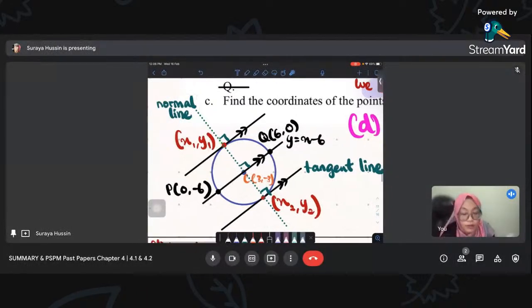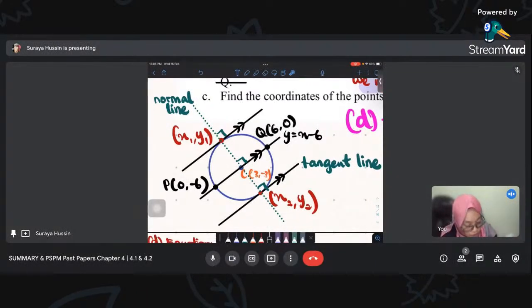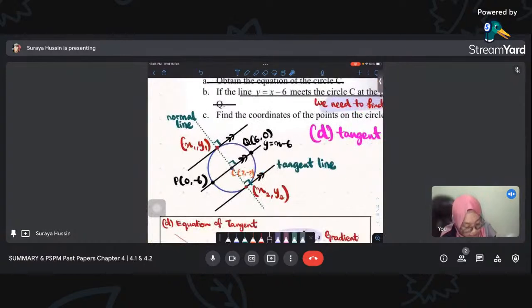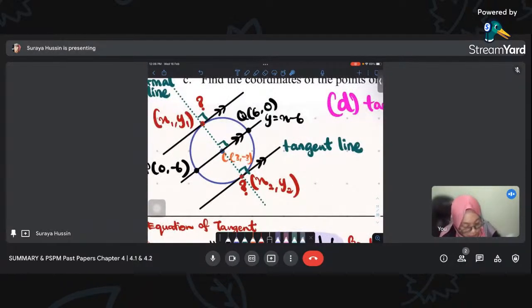Okay, after you have understand the drawing, you can finally getting this point. You dah faham mana satu tangent line, you dah faham mana satu normal line. Meaning, you tahulah nak cari point tersebut yang coordinate of the points yang kita mahukan.